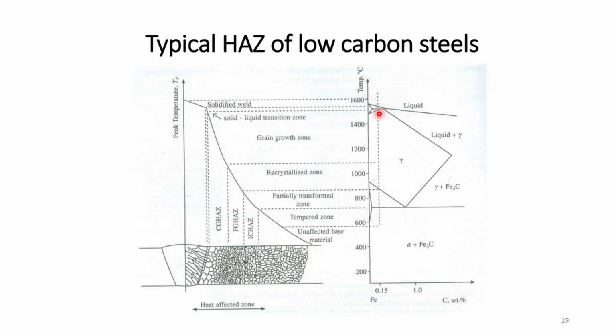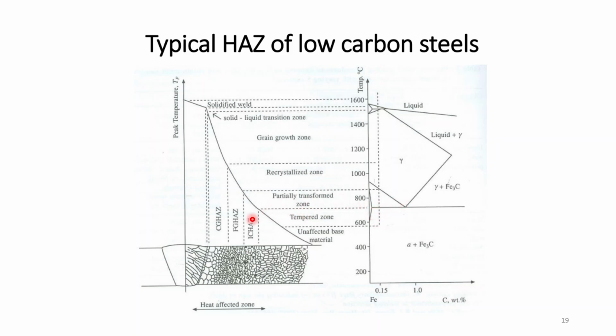So here you will have gamma phases as well as delta iron. Okay, as you keep moving to this side you will have gamma and also alpha phases.